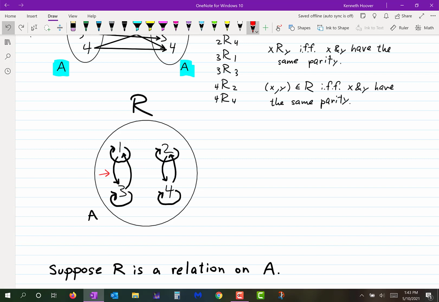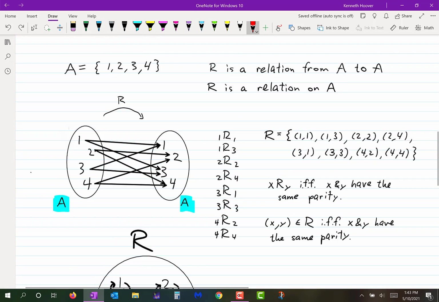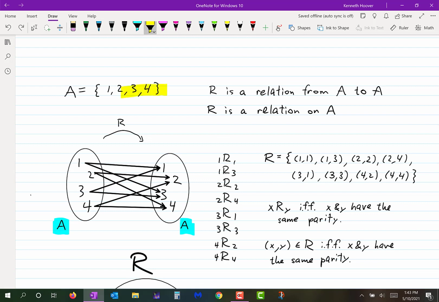Every arrow can be reversed. So it is symmetric. So having the same parity is reflexive and symmetric, at least on this particular set. But even if that set was all real numbers, it would still be reflexive and symmetric.